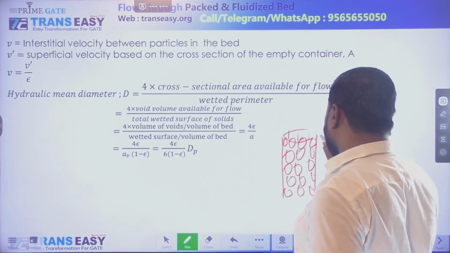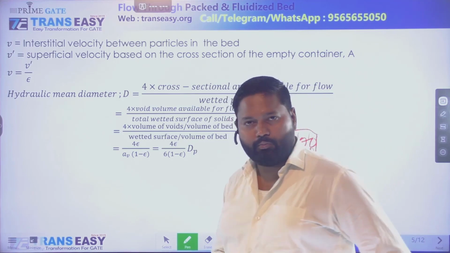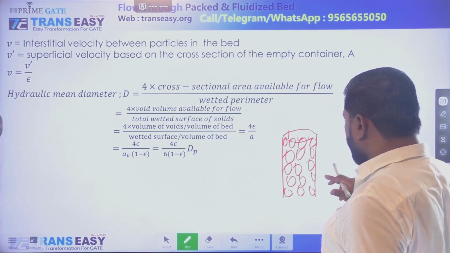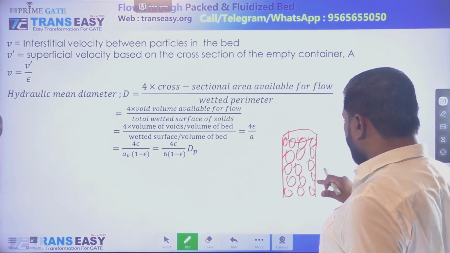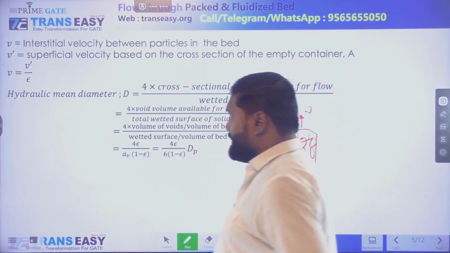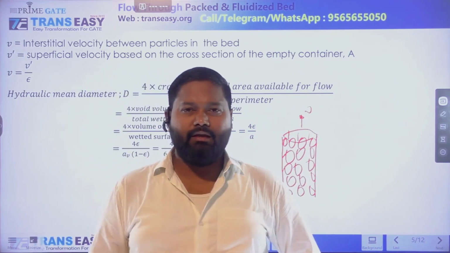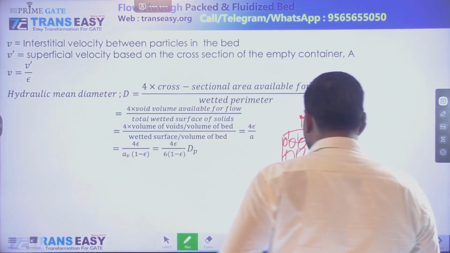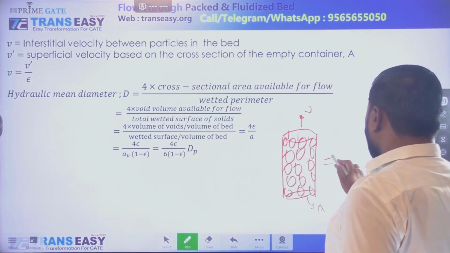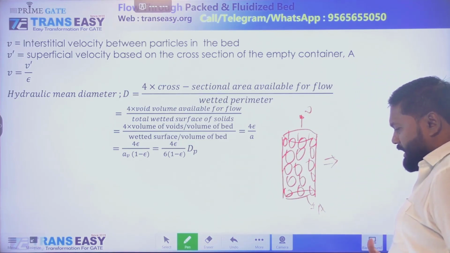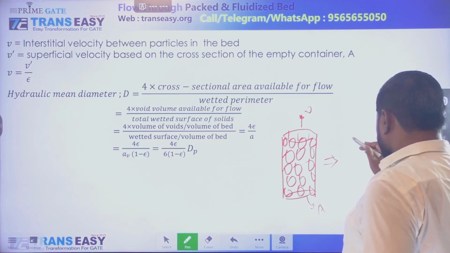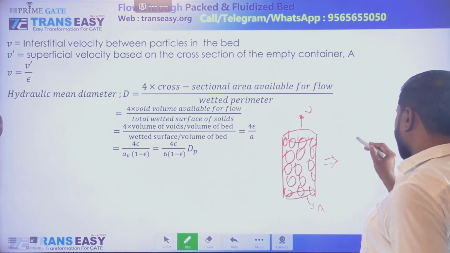The total cross-sectional area is not available for flow. So the velocity of flow through the packed bed is V, and it is called the interstitial or true or actual velocity of flow, right? The cross-sectional area is, suppose, A. Now we are going to define another velocity based on the empty cylinder or container.